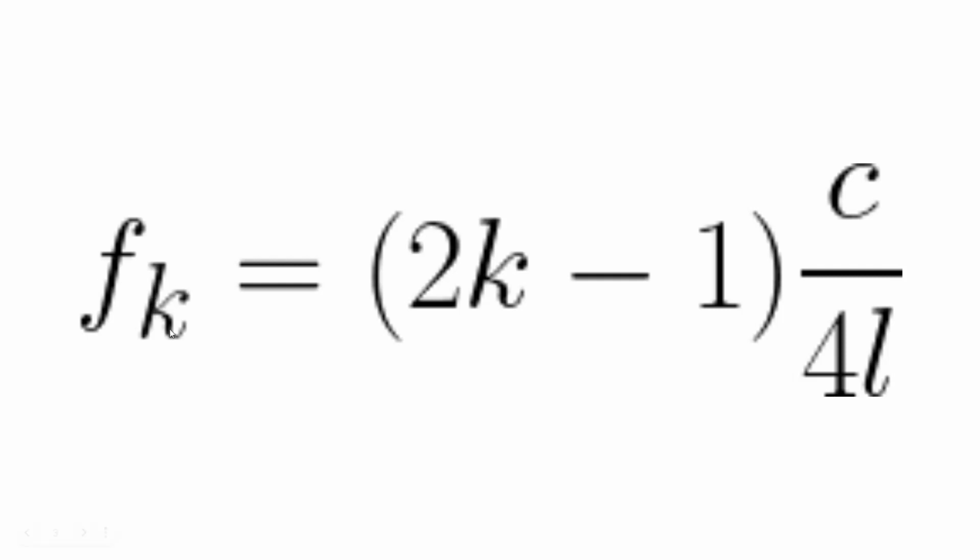So the frequency of resonance K equals 2 times K minus 1, all multiplied by the speed of sound over 4 times the length of the tube. So as the resonance goes up, the frequency goes up, and the wavelength will become shorter, of course. Okay, so that's resonance in a cylindrical tube.